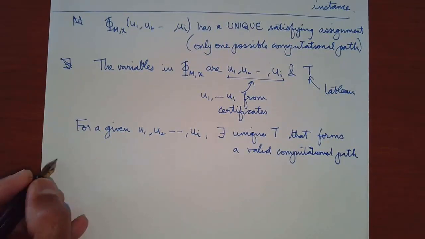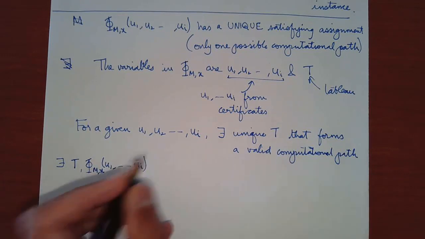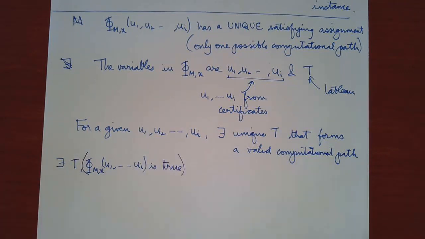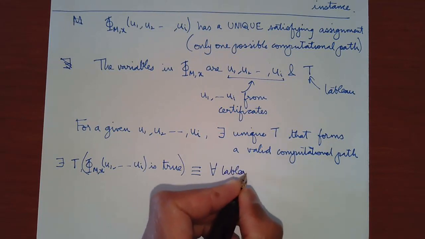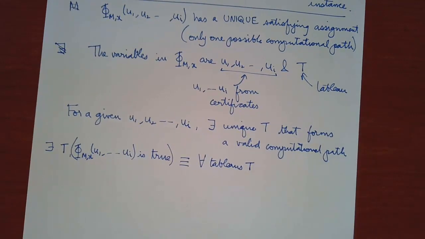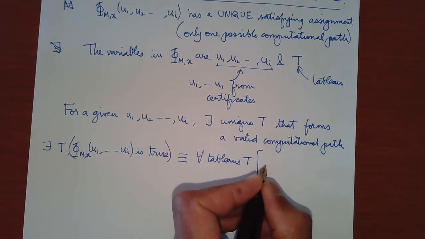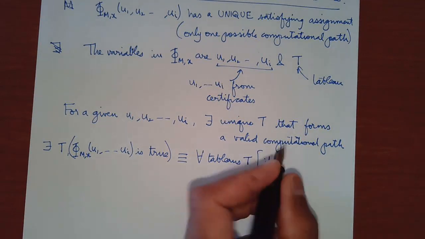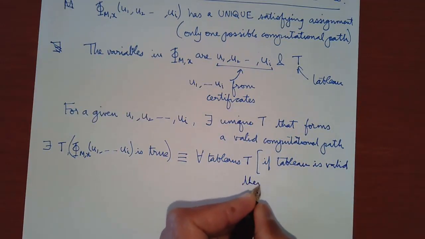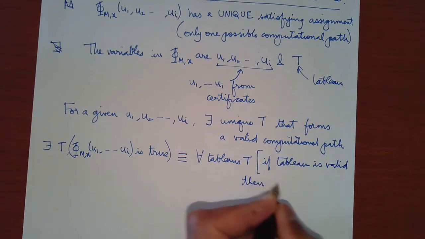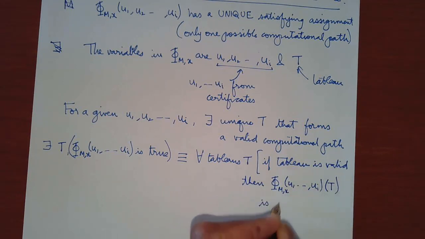So what this means is there exists a tableau T such that phi_Mx(u1, ..., ui) is true is equivalent to saying for all tableaus T, if the tableau is valid, then phi_Mx of u1 to ui of T is true.